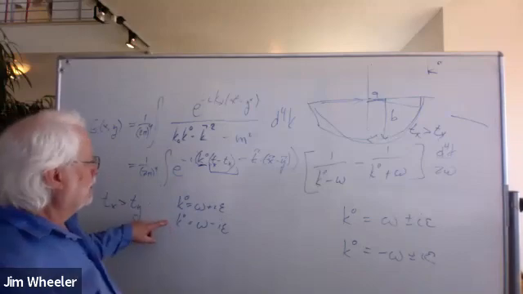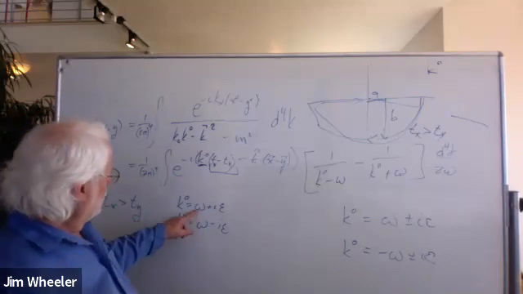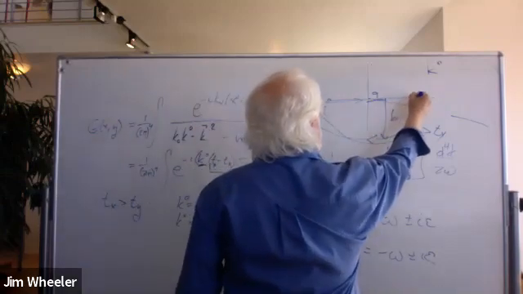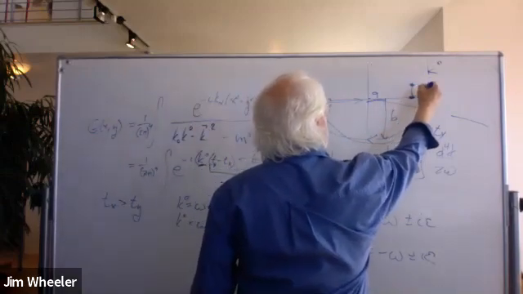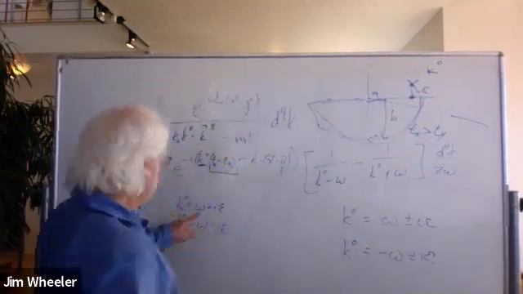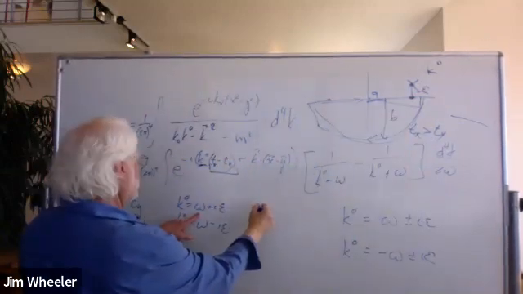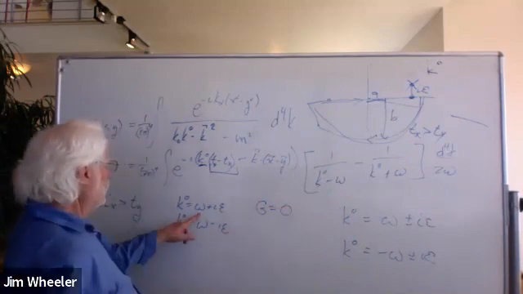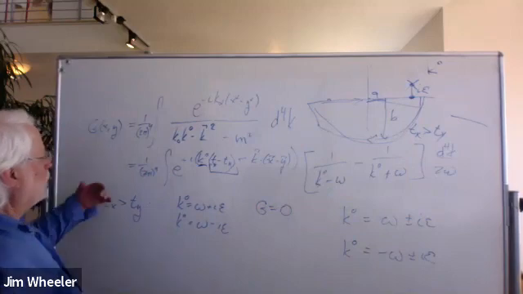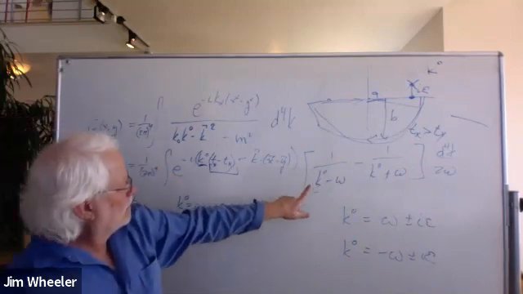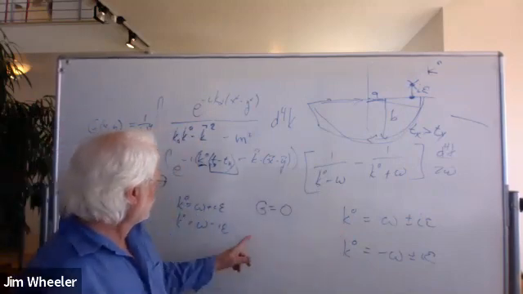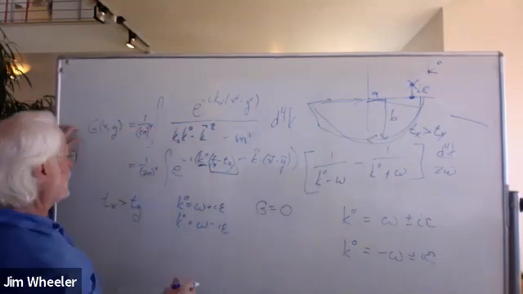Now, if the pole is at omega plus i epsilon, that's right, k naught plus i epsilon puts the pole up here. So that gives G is 0. For minus epsilon, now we get the residue of this pole at k naught equals omega minus i epsilon.